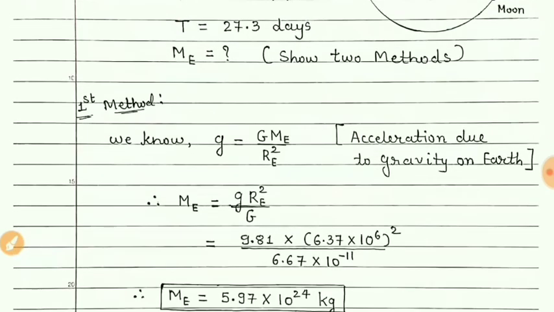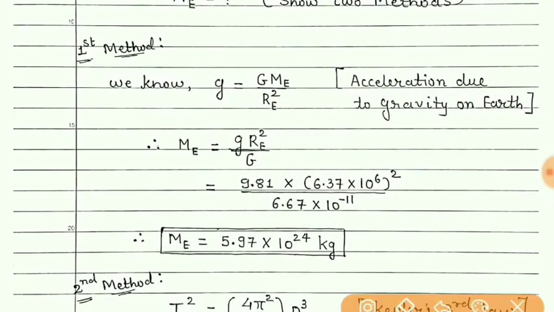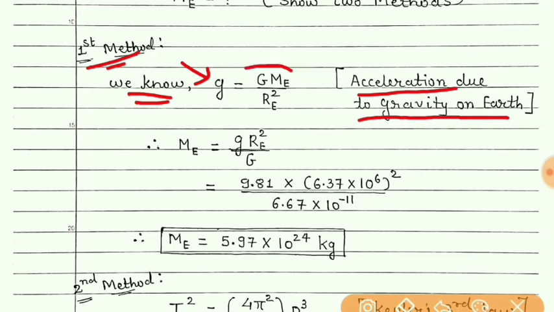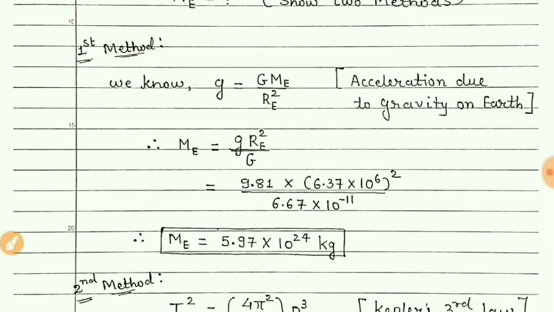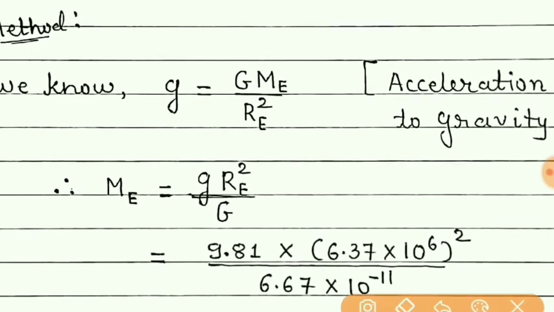Now students, first method. We already know that small g, that is the acceleration due to gravity on the earth, is G Me upon Re square. Now in this equation, simply make the subject Me, because we want to find this Me.